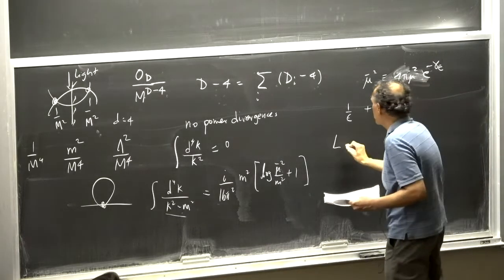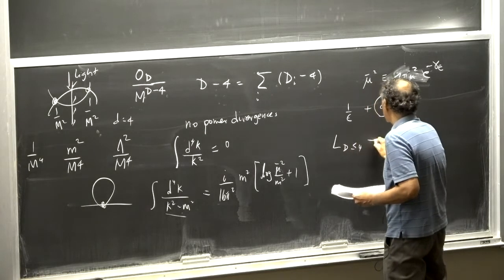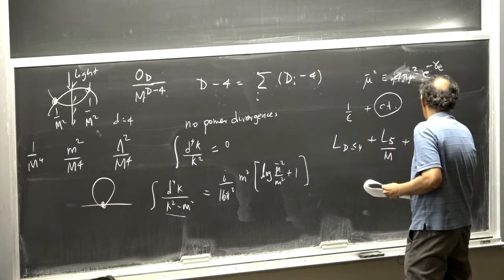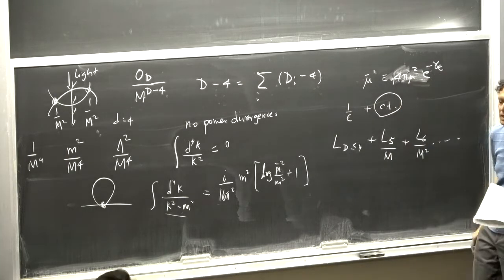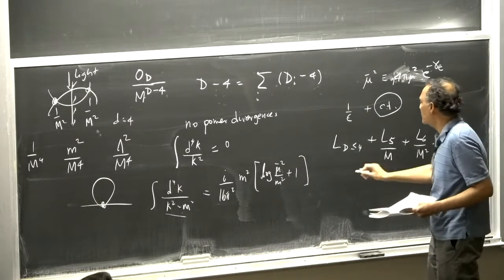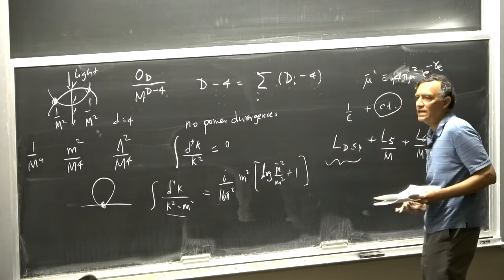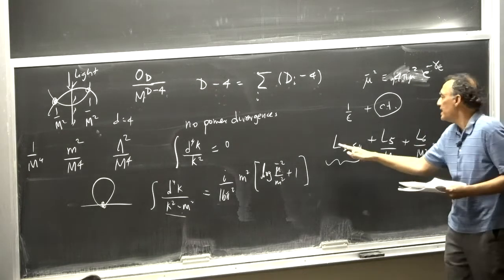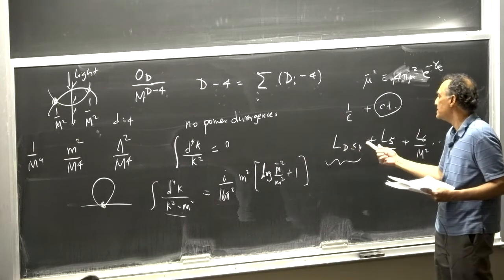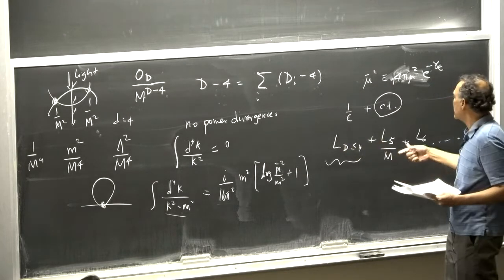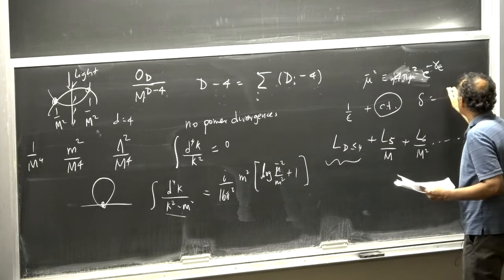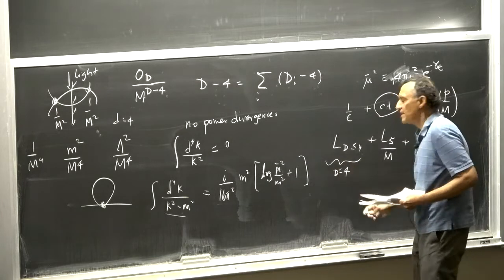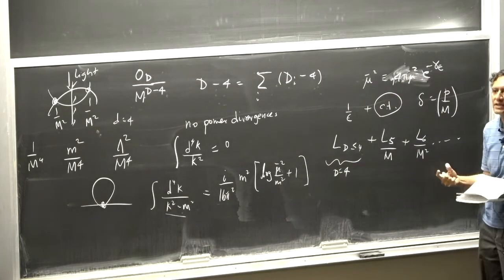Now let's go to our usual Lagrangian, which was d less than or equal to 4, plus L5 over M, and so on. A renormalizable theory is one that only has these L's with dimension less than or equal to 4. And we saw that even though the L d less than or equal to 4, the power counting tells you that, in the sense of counting powers of some low scale over capital M, all of these are effectively d equals 4 operators, because a mass squared operator had 2 powers of suppression, a fermion mass had 1 power.